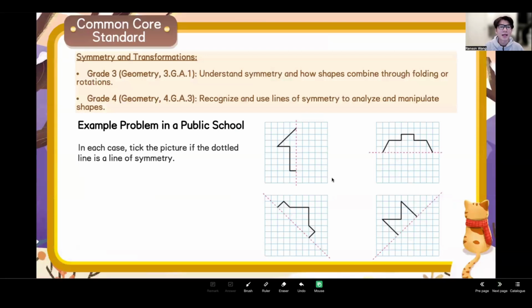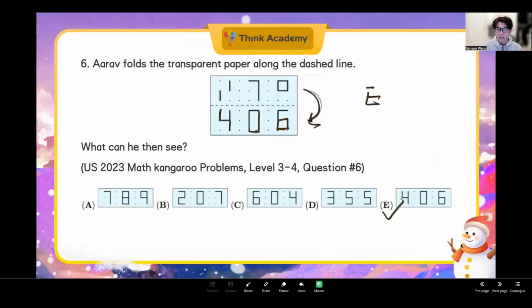This one is pretty straightforward. It's symmetry and transformation. In class and in school, they will have you draw around the axis of symmetry, but usually the shape is right on the line. For this one, sometimes there's a little distance to the symmetry line, so you have to think about it carefully.